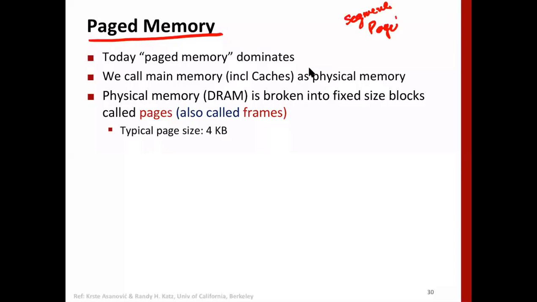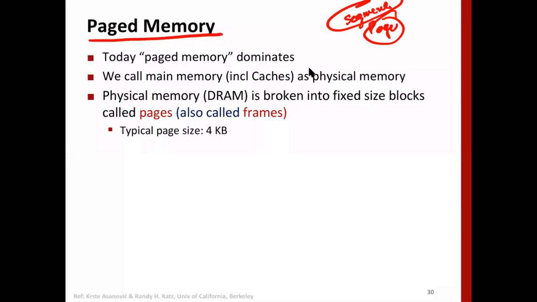We'll study only page based because segment based is not in use. Only a few systems use it. So when we speak of virtual memory, we speak of page memory. Most all systems today, barring some embedded systems, use page memory. Everything uses page memory, so we'll discuss only page memory.